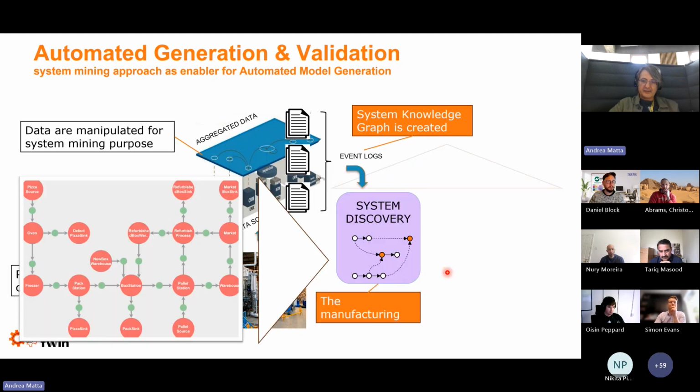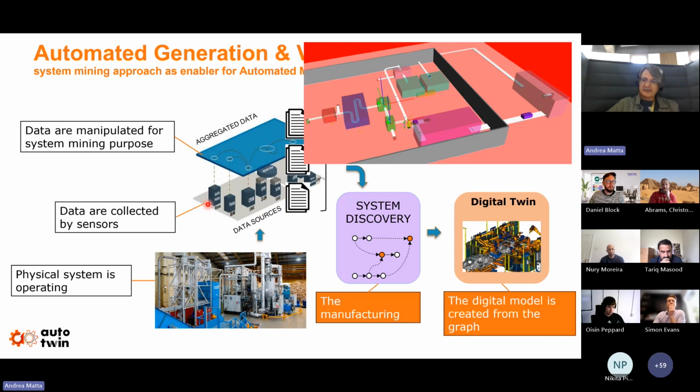And then from the knowledge graph, we are able to discover a graph model like this. This is a graph model of the system. And then from the graph model, we convert the graph model into a simulation model in a software environment. And this simulation model for us is the digital twin that has been built automatically from data.